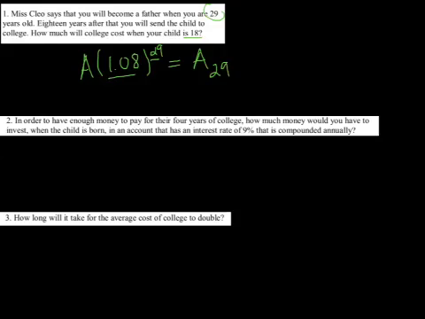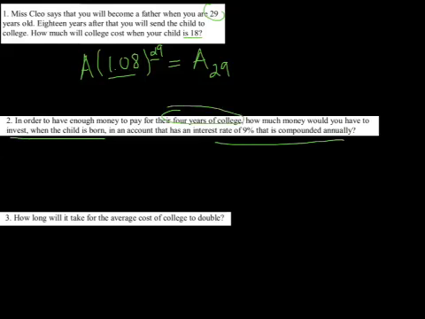So then moving on to number 2, it asks you to figure out how much money you need to invest when the child is born so that by the time the child goes to college, you have enough money to pay for their 4 years. So there are a couple of key pieces of information. The first is that the bank compounds your interest at 9% every year, annually, and that you're going to make this investment when the child is born, and it's got to pay for all 4 years of college.